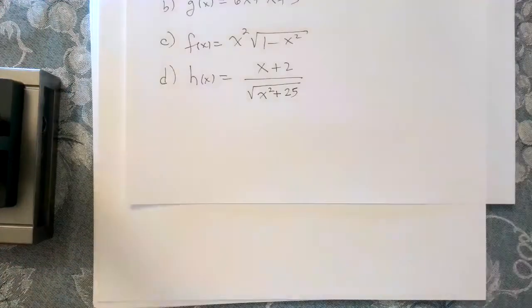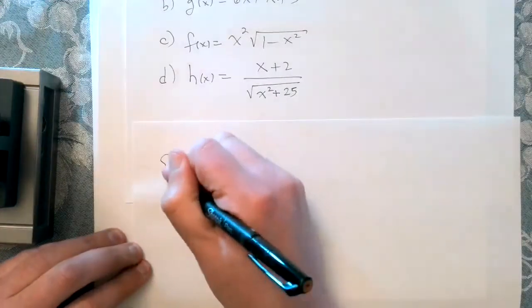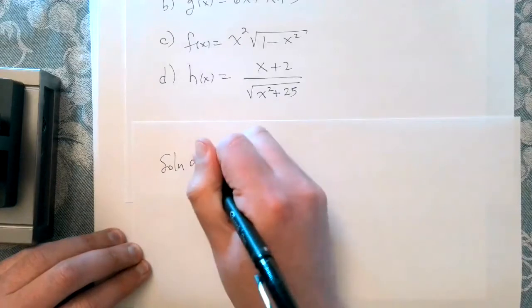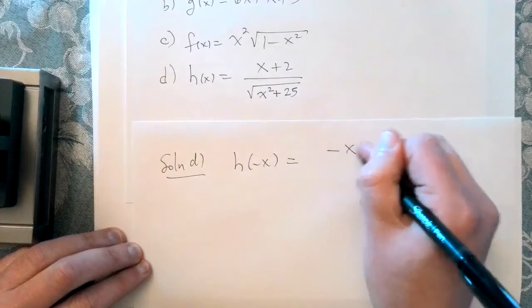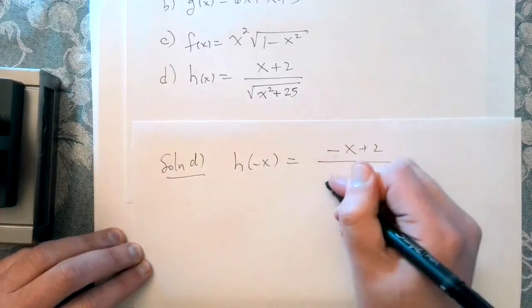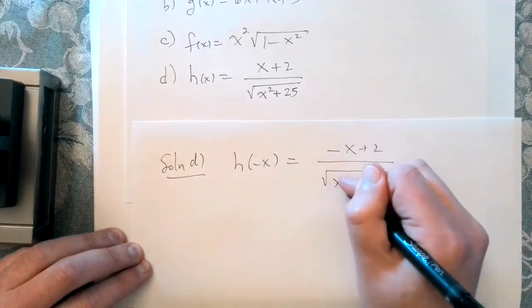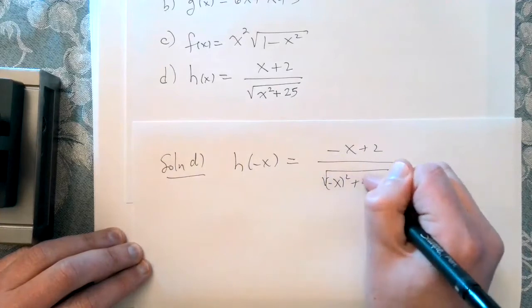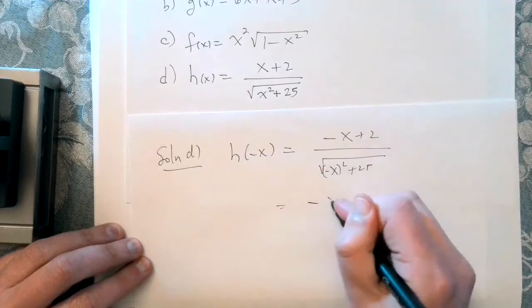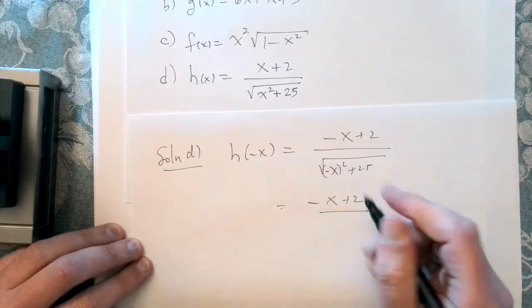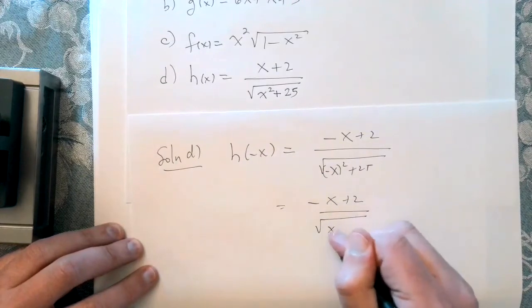And so lastly, h of x. Okay, so we test by plugging in negative x. Okay, we compute where we can. And we're just going to note a couple things.